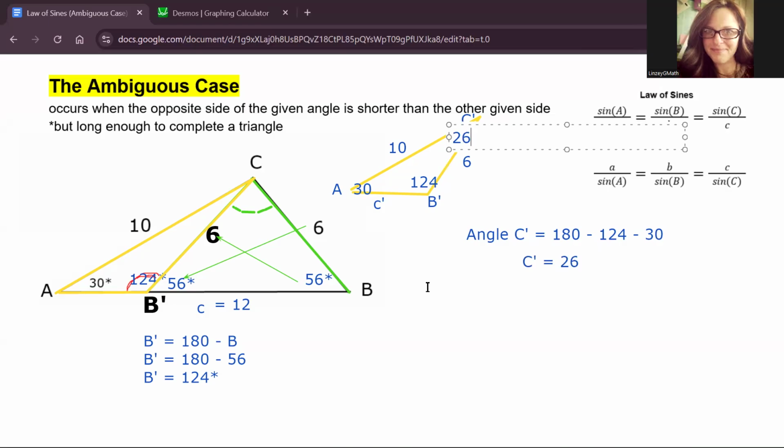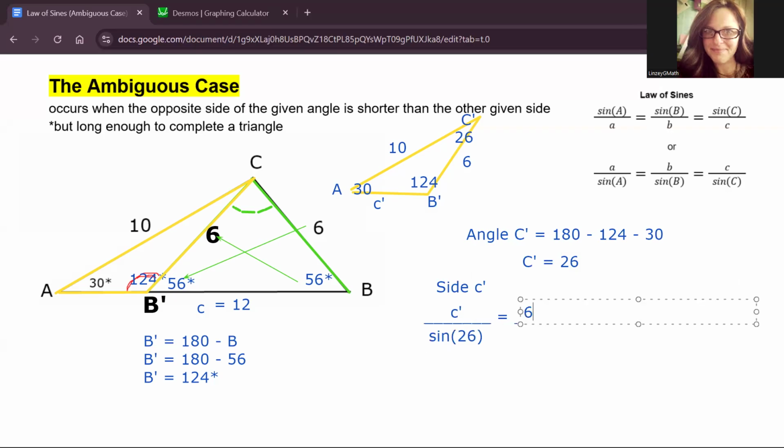And now, last but not least, we can solve for side C prime. We'll use our law of sines. Solving for C prime over sine of angle C prime, which we got 26 degrees, and that's equal to side A, 6, over sine of angle A, 30 degrees.